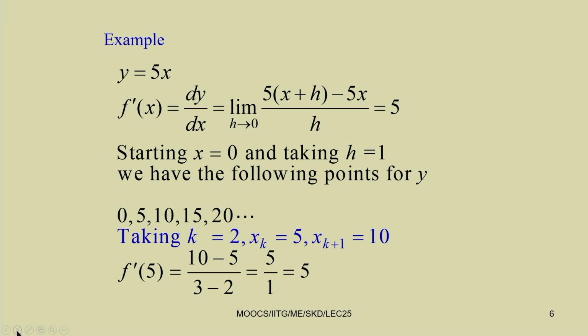This gives rise to 5. All of us know this from the first principle we have derived, but numerically, starting with x equal to 0, we can start and create the table.